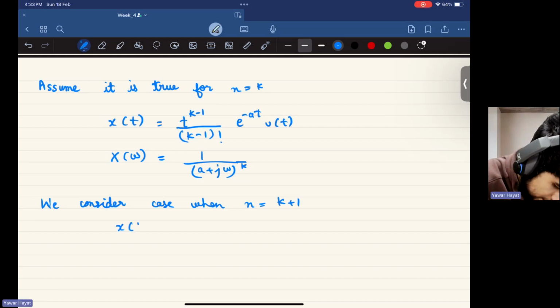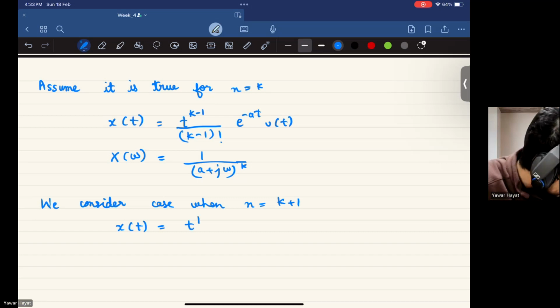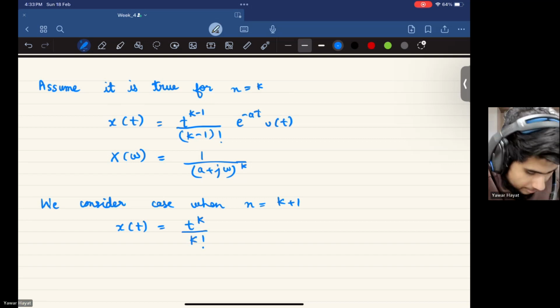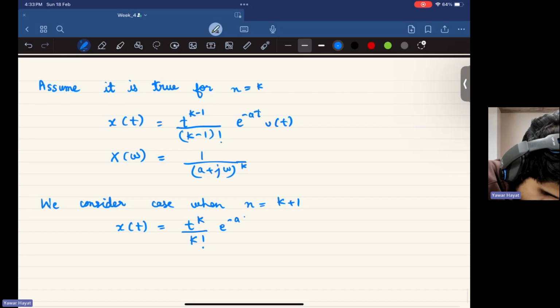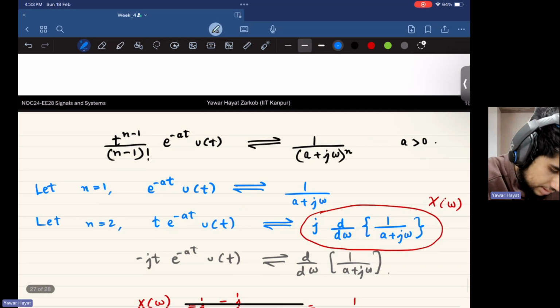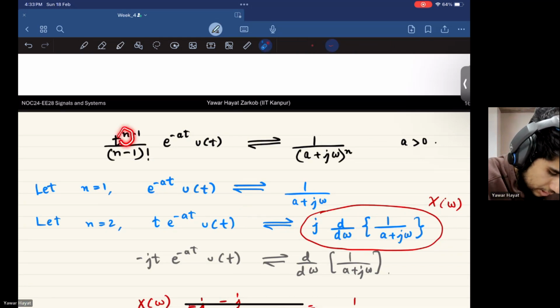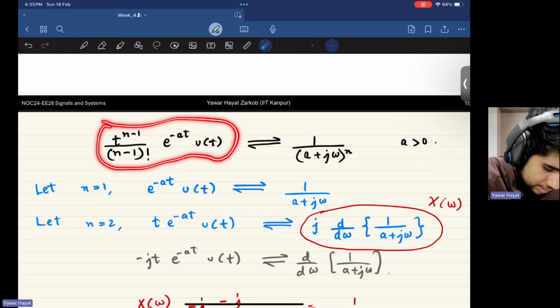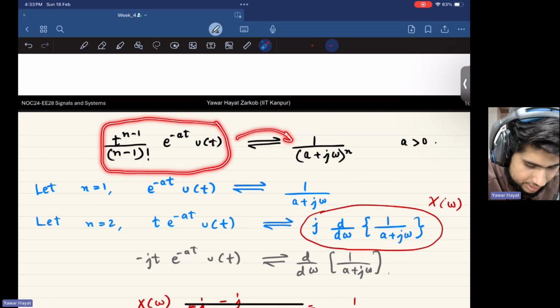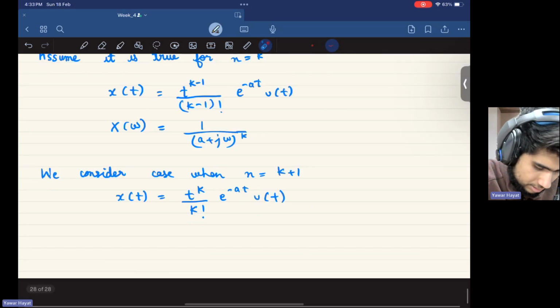So this x of t would be t to the power k by k factorial, e to the power minus at u of t. I've replaced this n by k plus 1 in this. Now I need to prove this one. I need to prove this for n equal to k plus 1.